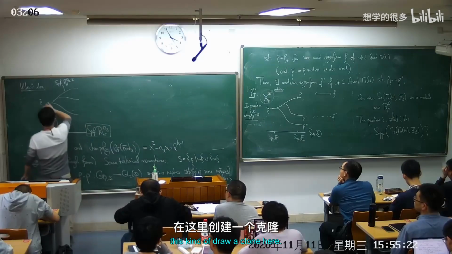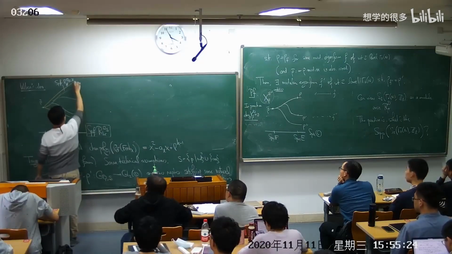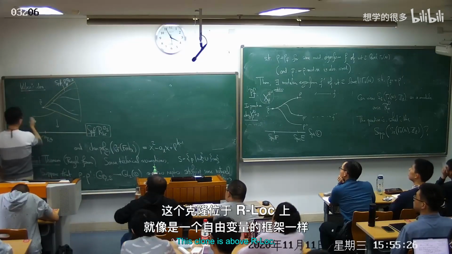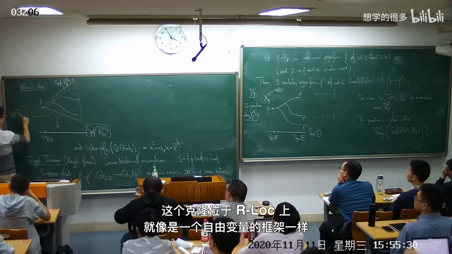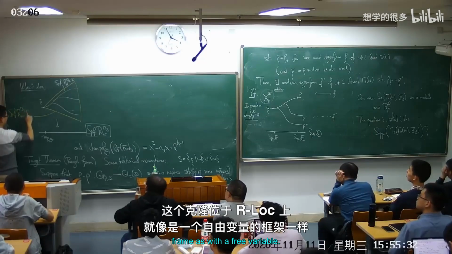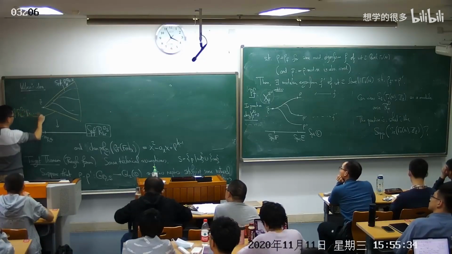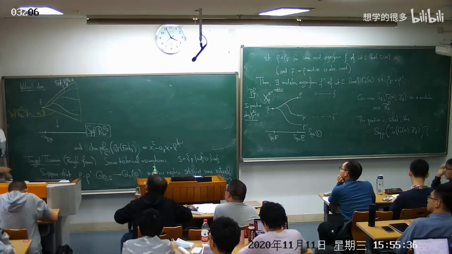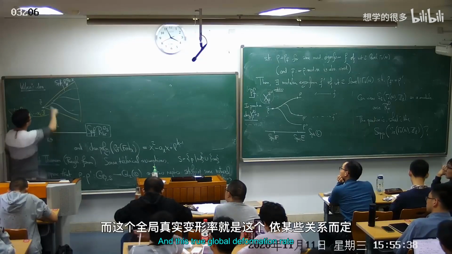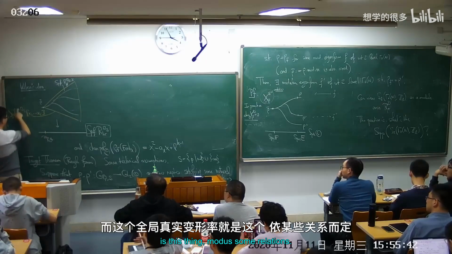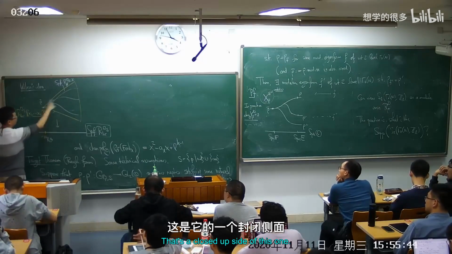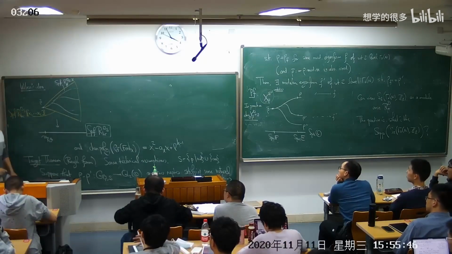Maybe I should draw a cone here. This cone is above R log frame at S with some free variables. Okay, and this true global deformation ring is this thing modulo some relations. That's just a closed subset of this one.